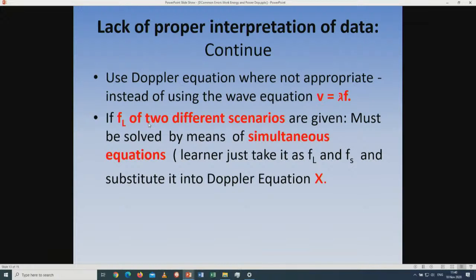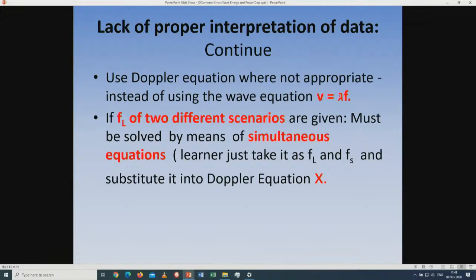To solve the Doppler question with simultaneous equations, there must be two different scenarios where the frequency detected by the listener is given for two different scenarios. Then you have two different equations for the Doppler effect.